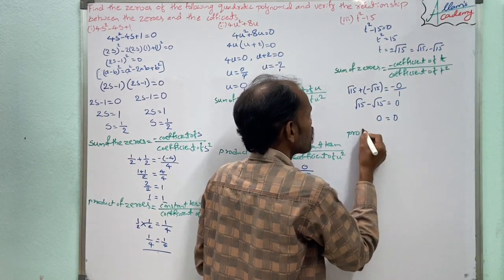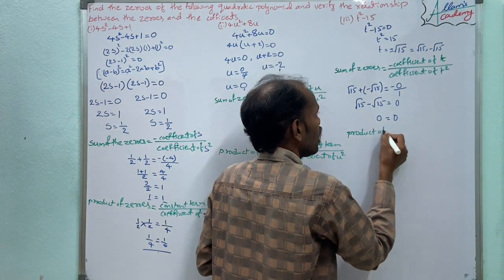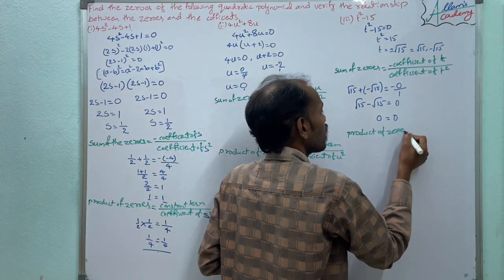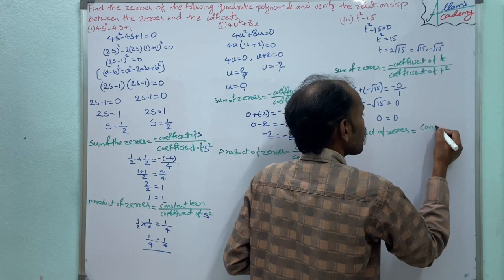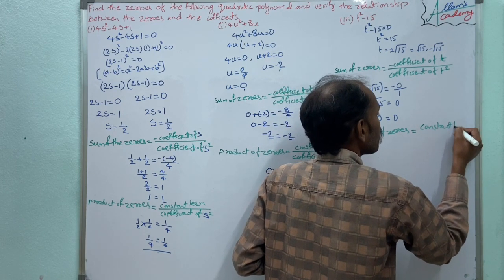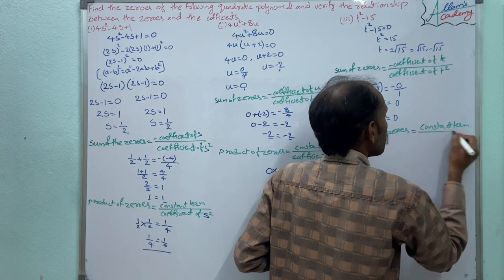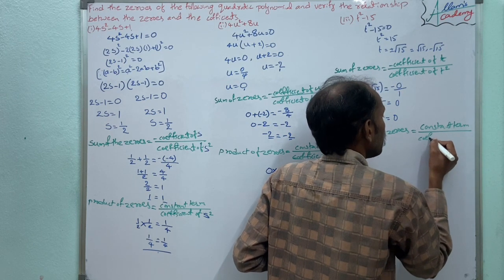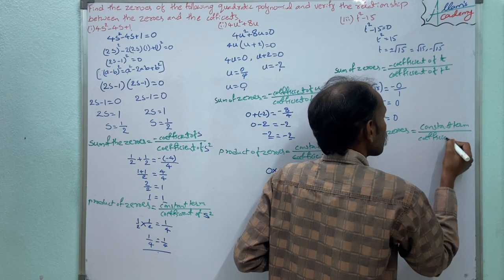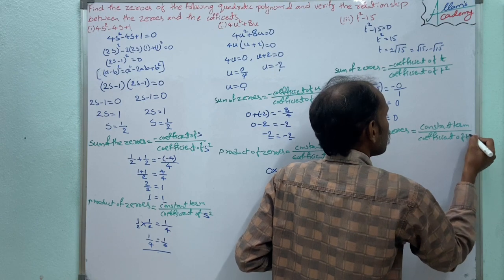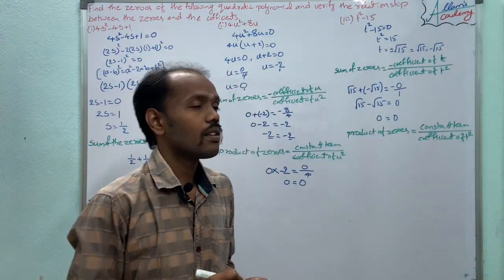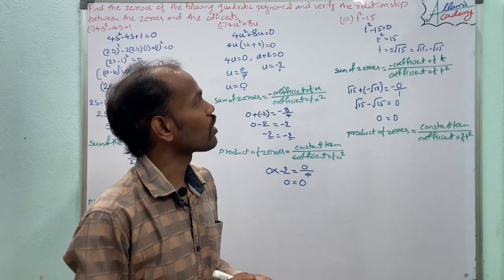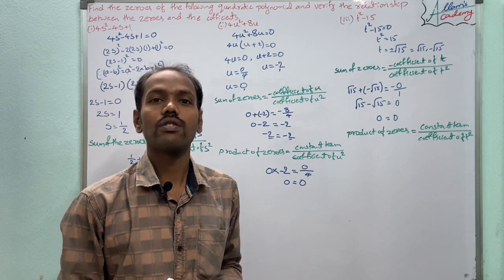Next, product of zeros. So product of zeros equal to constant term by coefficient of t square. So here the zeros are root 15 and minus root 15.